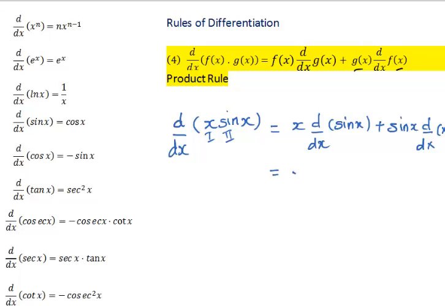Differentiation of sin x is cos x plus sin x into differentiation of x. Differentiation of x is x to the power 1, and differentiation of x to the power 1 will be 1 into x to the power 0, which is 1. So the final answer would be x cos x plus sin x.